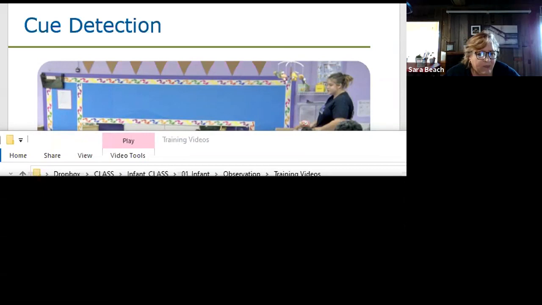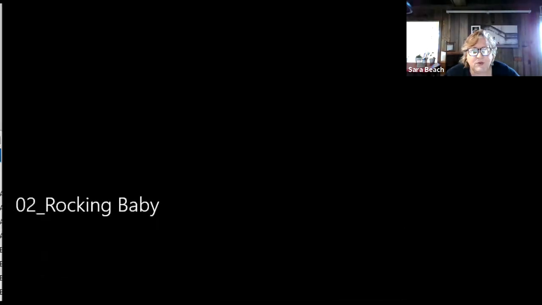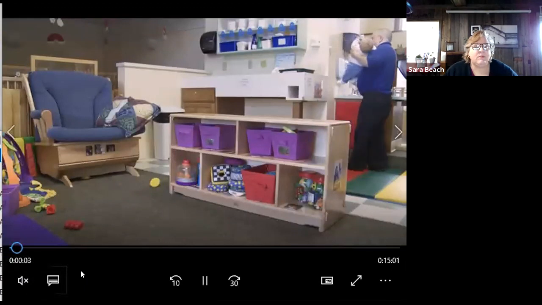First I'm going to play it with no sound, and then I'm going to play it again with sound, because you might see different cues. I want you to focus on what cues the baby is giving off, what cues the teacher is seeing, and what cues the teacher might be missing. Let me make sure this is silenced.